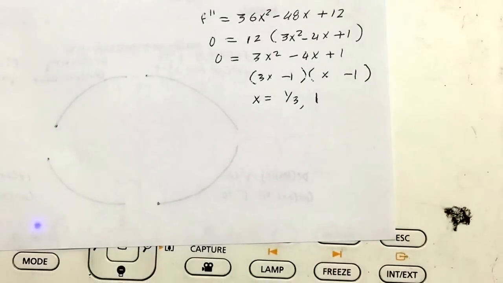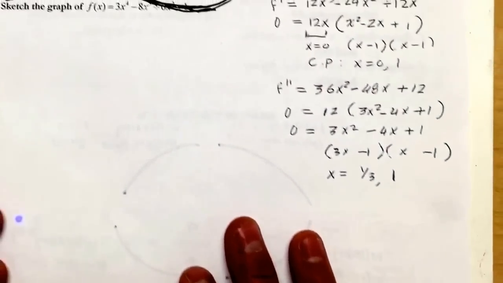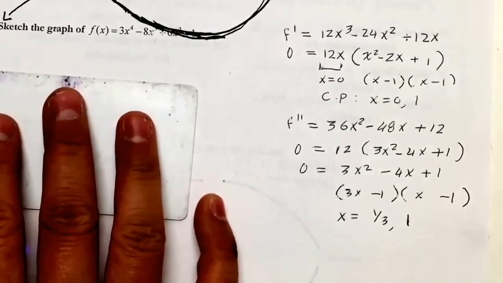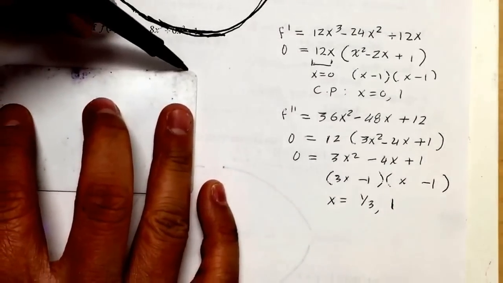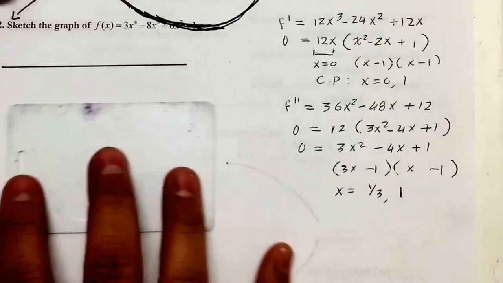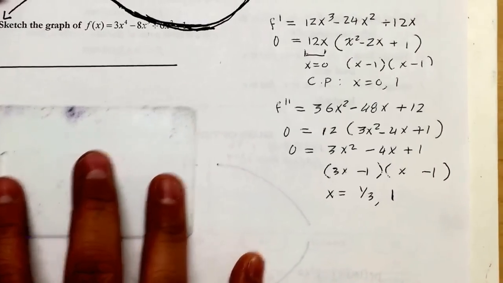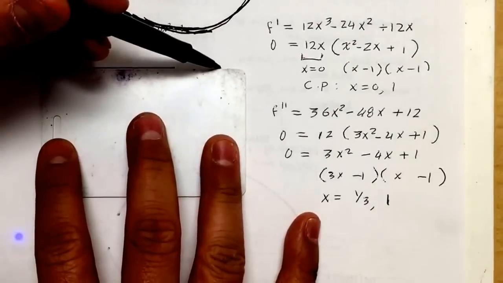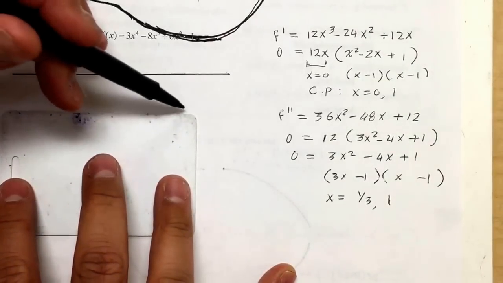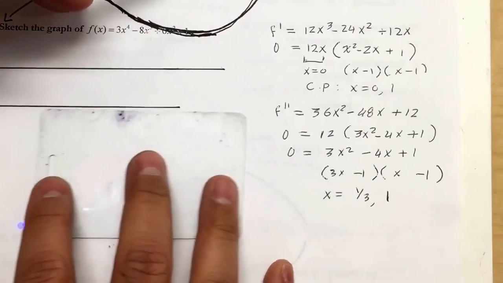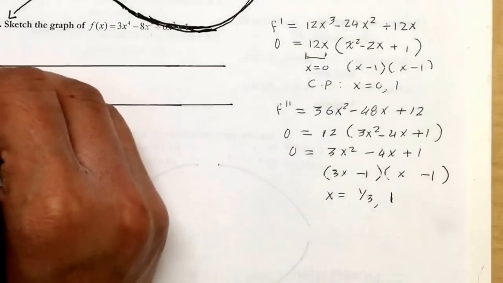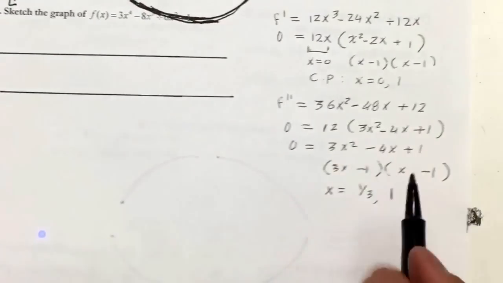So now we go back and we create the sign graph. I'm going to sketch a sign graph for f prime, and I'm also going to sketch a sign graph for f double prime. Call this sign graph f prime, call this sign graph f double prime.